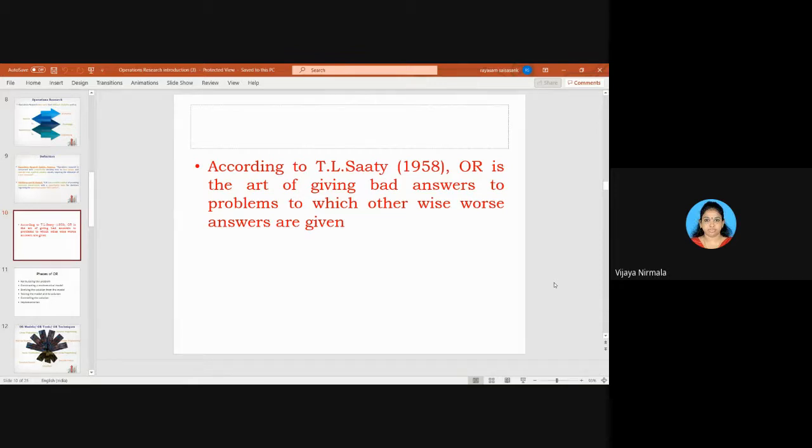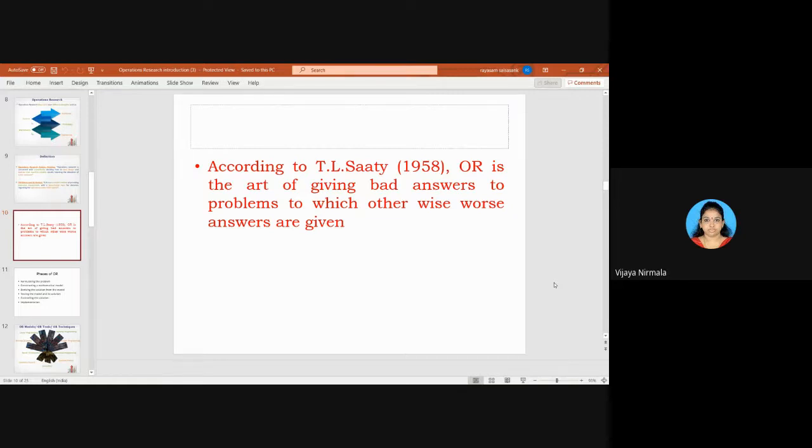He said operations research is the art of giving bad answers to problems to which otherwise worse answers are given.